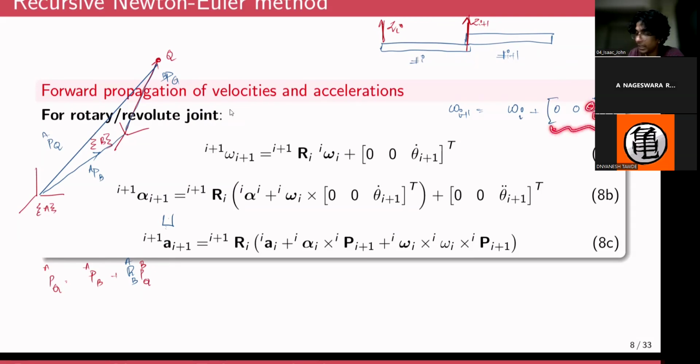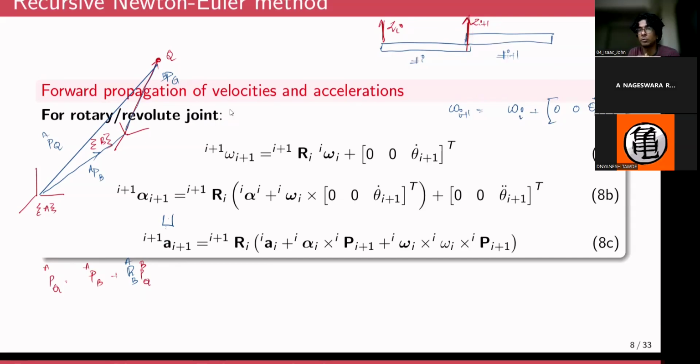Because this vector will always be along the z-axis. We all know that for a link I plus 1, a rigid body is attached to the link itself. So as the rigid body rotates, the frame I plus 1 will also rotate with it, right?